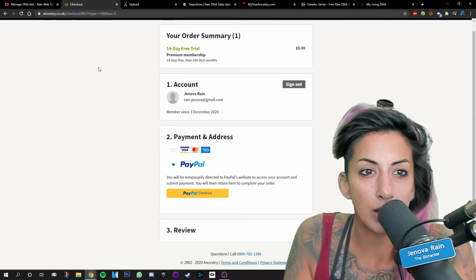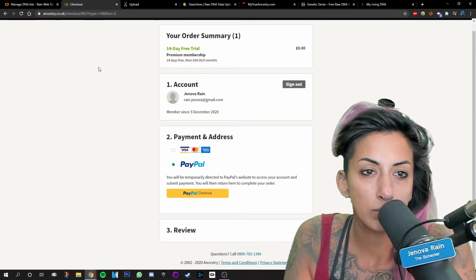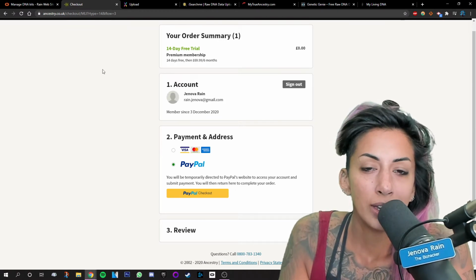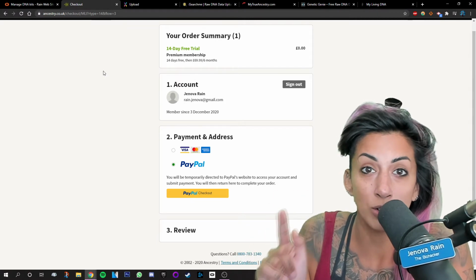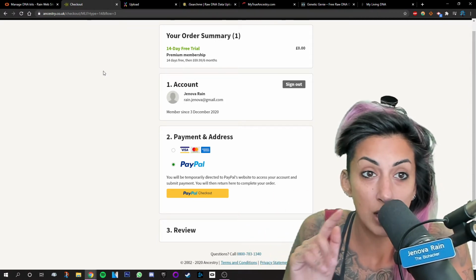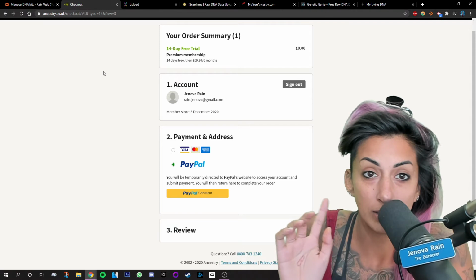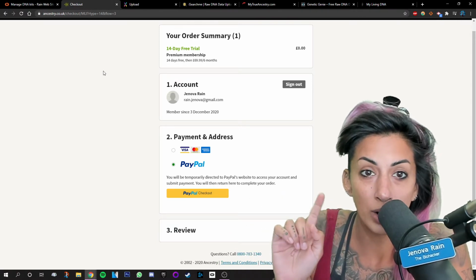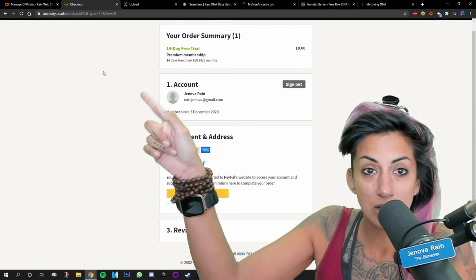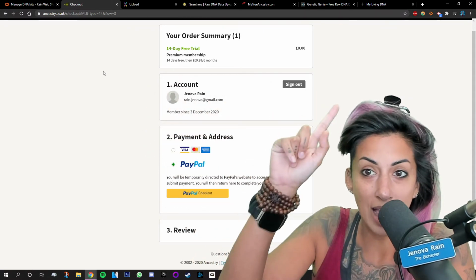So Ancestry, which has a .com and a .co.uk. Now you can do all of this. So far, all I've paid for is the initial test on MyHeritage. I didn't subscribe to any of their additional information packs. And when I've signed up to all the rest of these, it's just a basic free account on all of those.